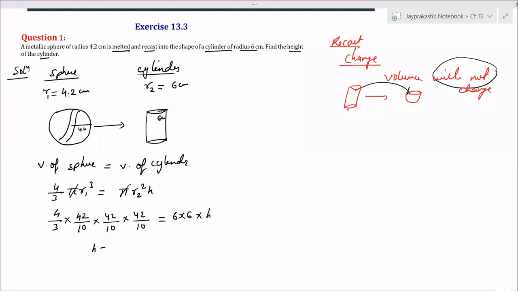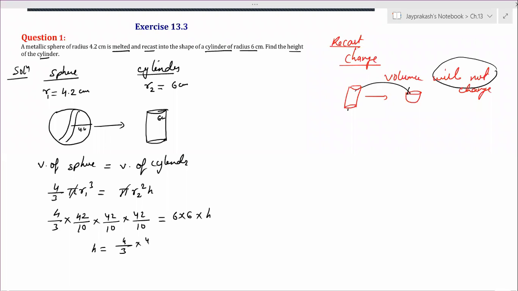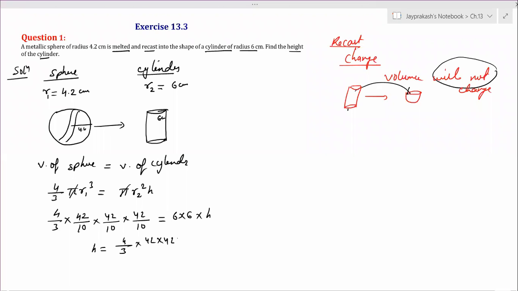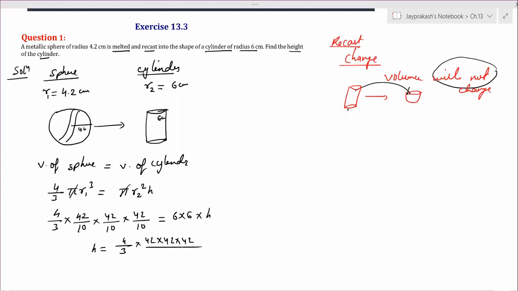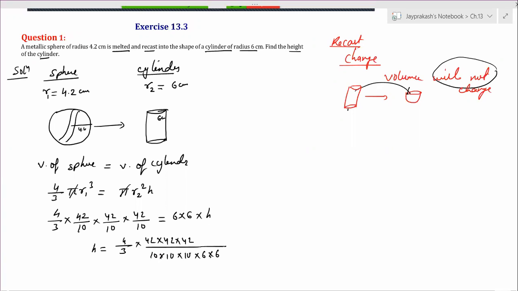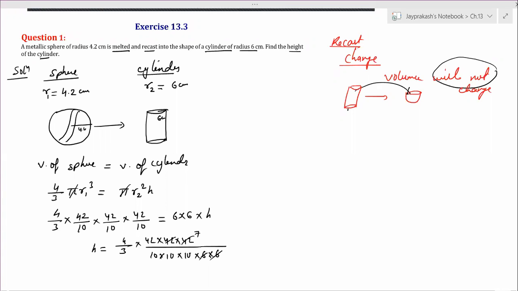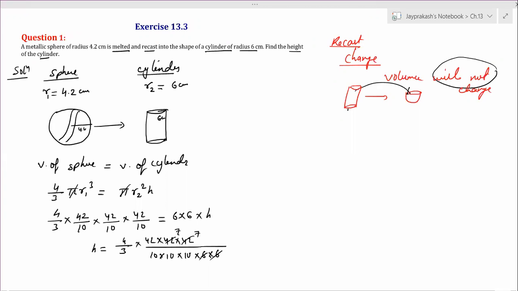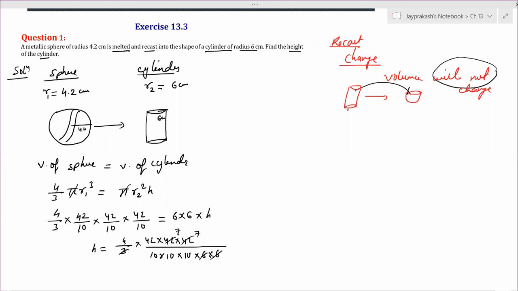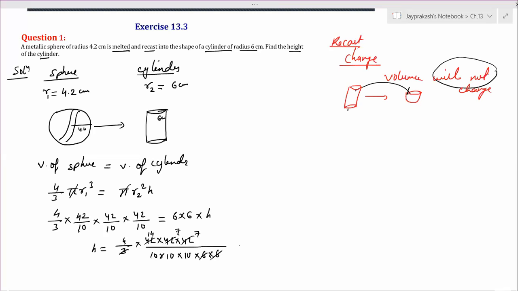Now when we cross multiply 6 into 6, we have 4 by 3. 6 sevens are 42, again 6 sevens are 42, and then 3 ones are 3, 4 threes are 12.